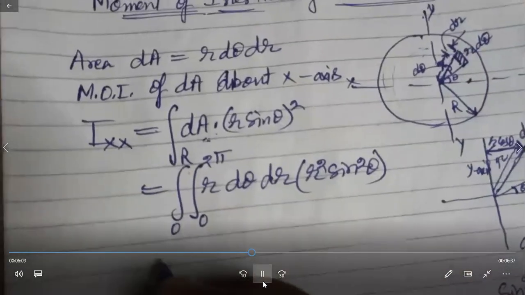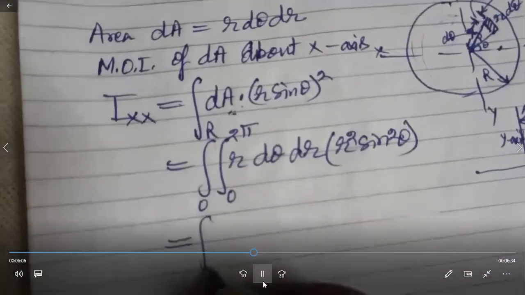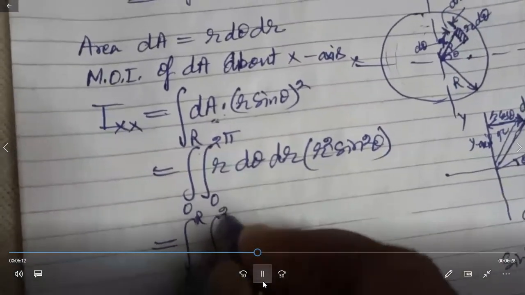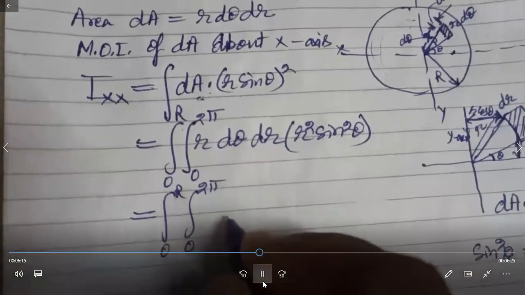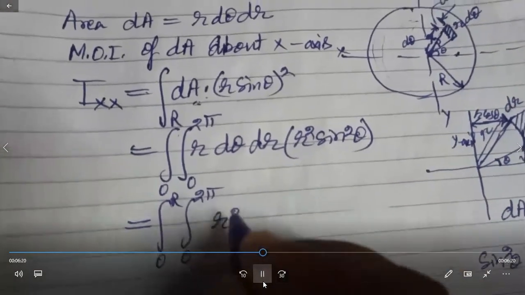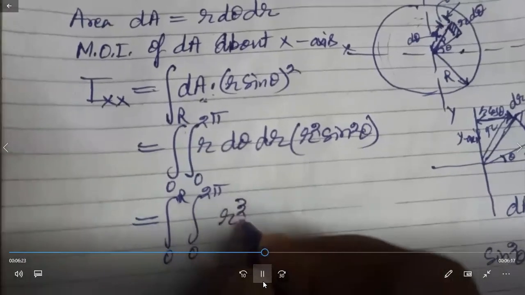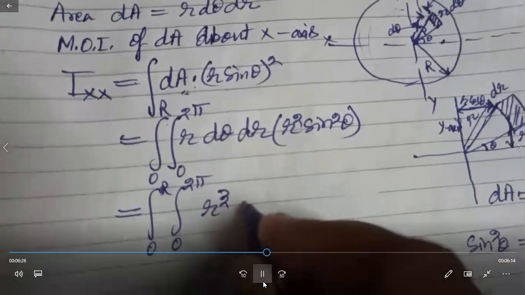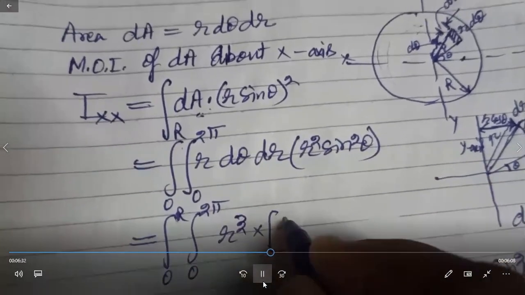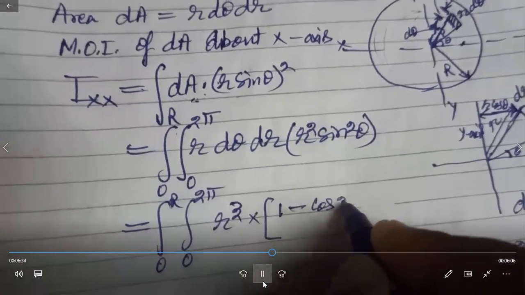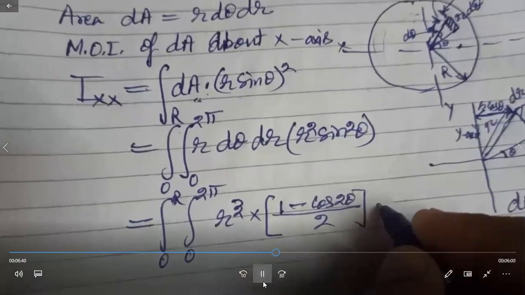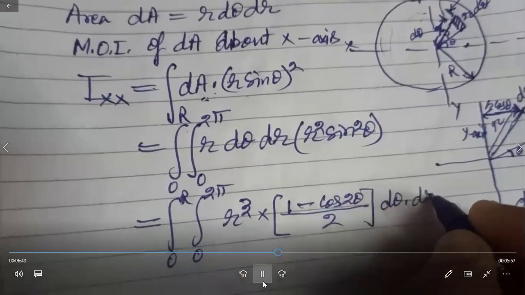So on putting this in here, from 0 to R and 0 to 2 pi, on putting r square multiplied by r, this will give you r cube, multiplied by sin square theta, which is 1 minus cos 2 theta divided by 2. So this will be d theta and dr.